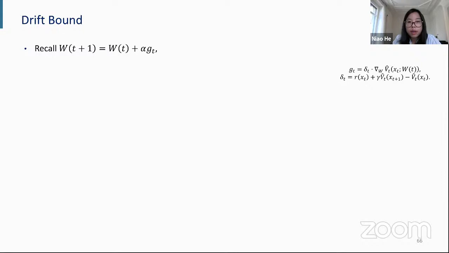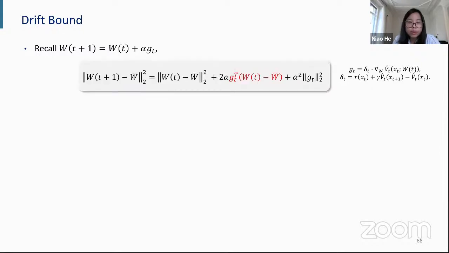And in fact, this is a very standard analysis. Let's look again at this Wt plus 1. This is basically just Wt plus alpha times gt, and gt is given by your temporal difference, delta t, times the gradient of V at w. And if you take the Lyapunov function and expand it, you will see that oftentimes you have this cross term, which is your semi-gradient gt times the difference Wt minus w bar.